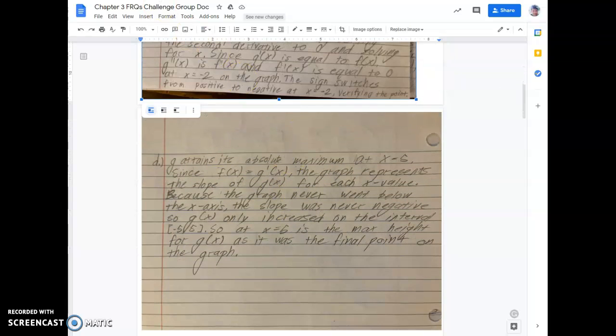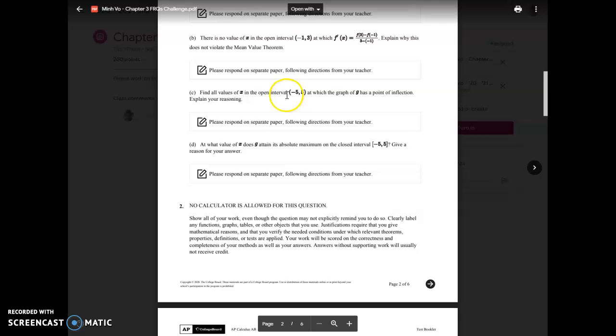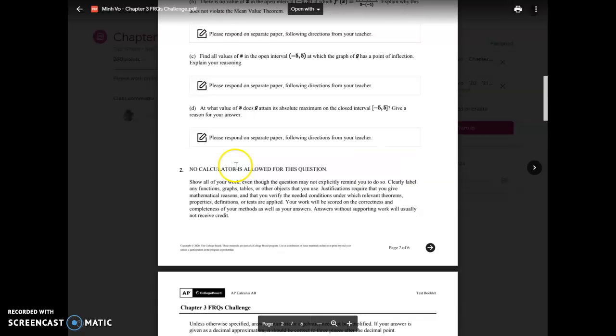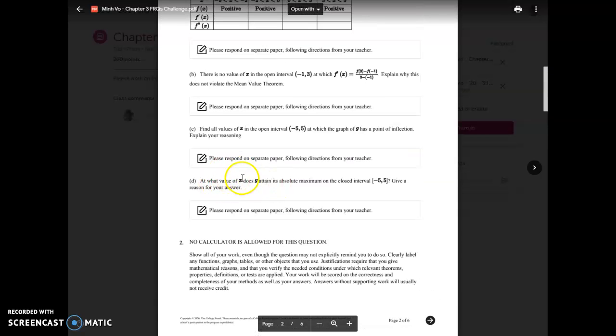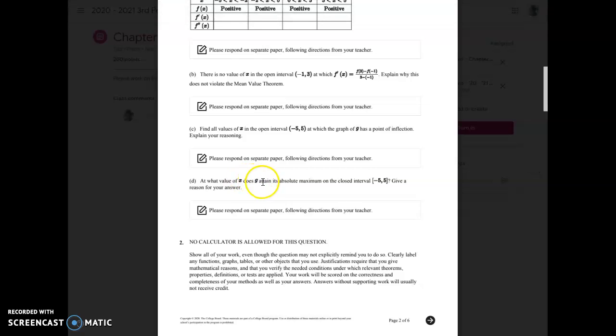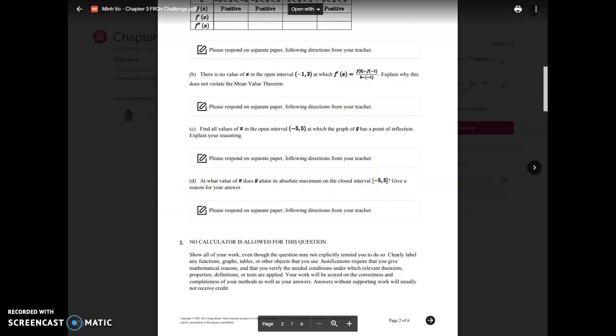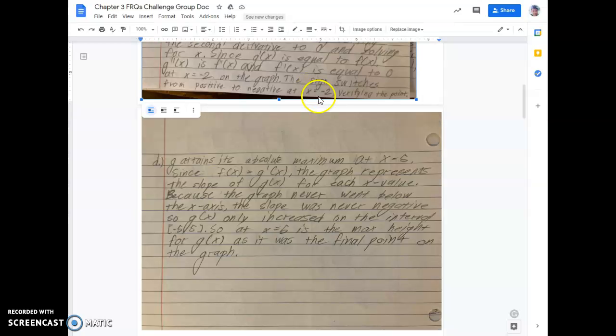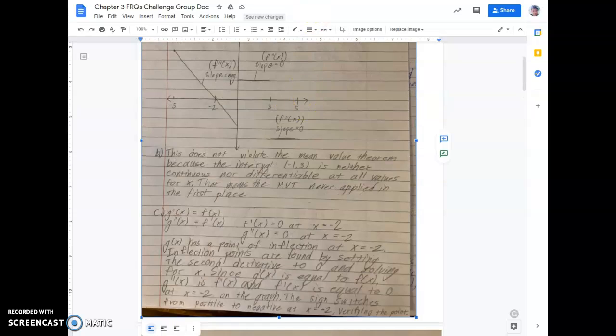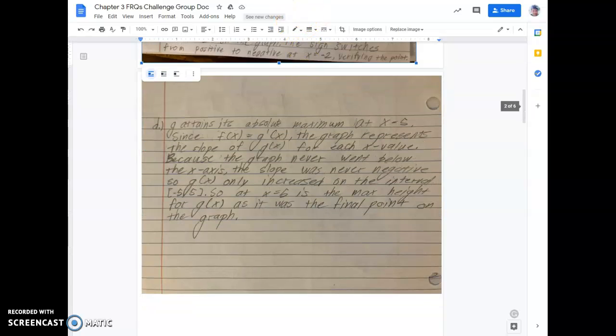And now, finally, for D, it's asking at what value of x does G attain its absolute maximum on the closed interval -5, 5? Give a reason for your answer. So, what I deduced from this is that G attains its absolute maximum at x is equal to 5.